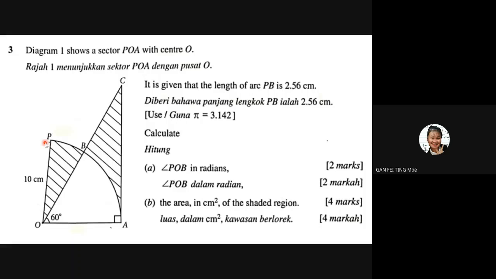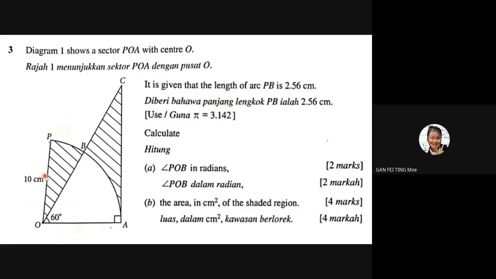Soalan ini agak complicated. Dia tak susah, cuma rajah dia yang complicated. Right? So, diagram 1 shows a sector POA with center O. POA dengan pusat O bermaksud PO ataupun OP dan OA adalah sama panjang.